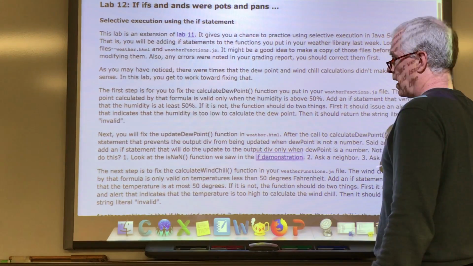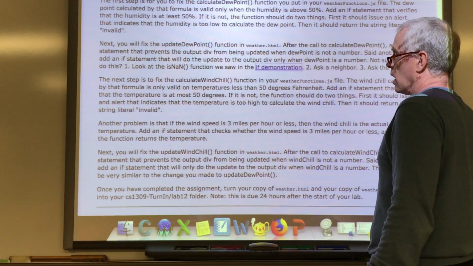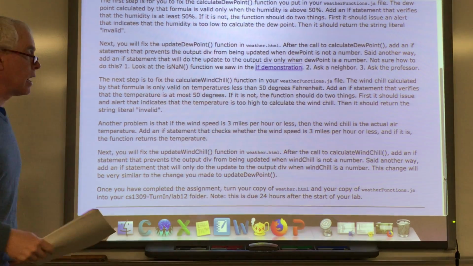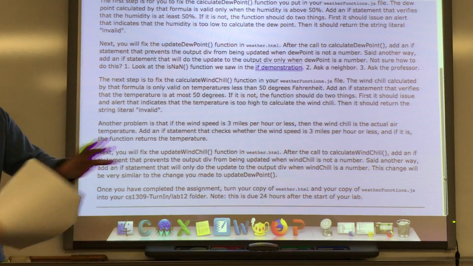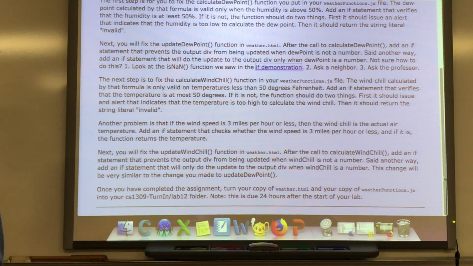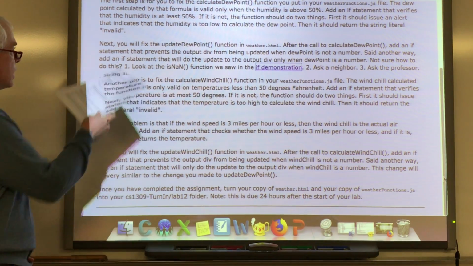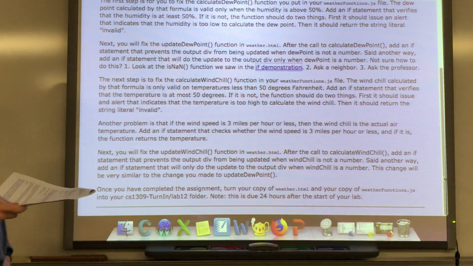Okay, then you have to fix the update dew point function in weather.html. Now, last week we said, hey, you don't have to mess with that. It's all good. Don't fix anything below it. Now we're telling you to fix it. After the call to calculate the dew point, add an if statement that prevents the output div from being updated when dew point is not a number.